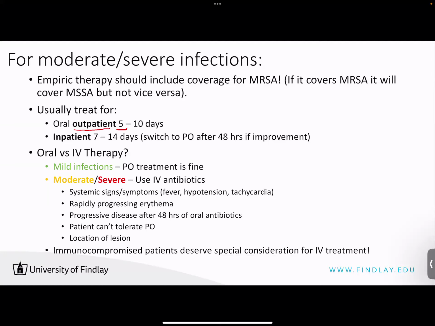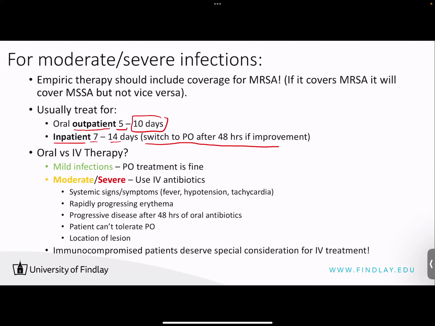They're probably in better shape than somebody with a moderate infection with comorbidities. So a slow healer or a slow responder, someone you predict isn't going to respond as fast, like a diabetic patient, maybe you opt for a little bit longer therapy. Inpatients, 7 to 14 days is typically what has been done, but I really think this is starting to get trimmed back even more and more if possible.